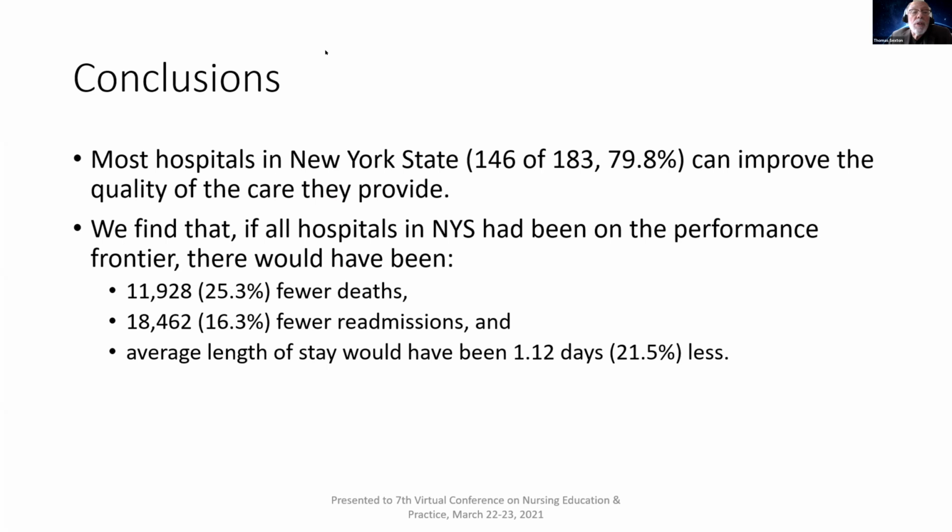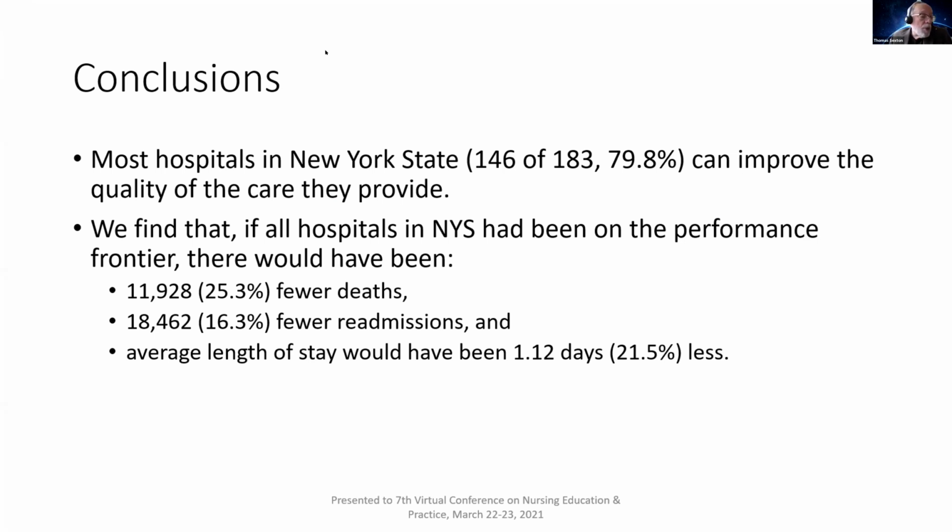So in conclusion, we see most hospitals in the state, that is about 80% of them, can in fact improve the quality of the care that they provide. The flip side of that, of course, is that about 20% of the hospitals cannot improve the quality. And in fact, as we've seen, we can point to very specific areas for improvement within each hospital.